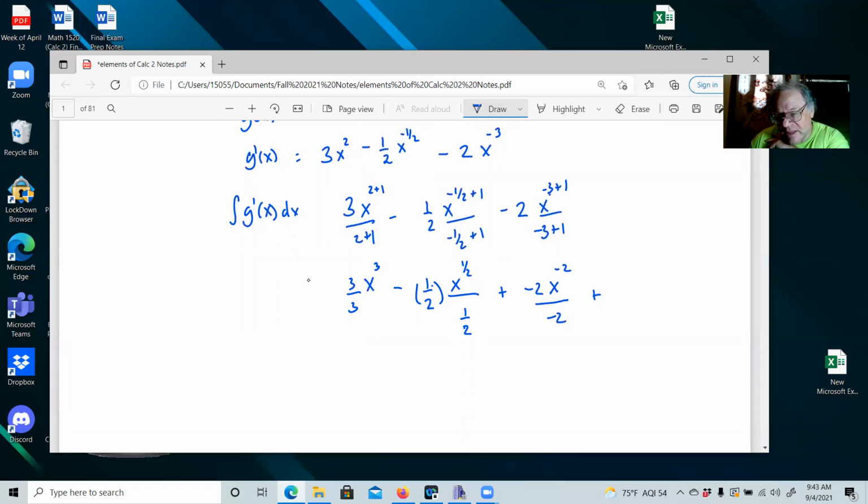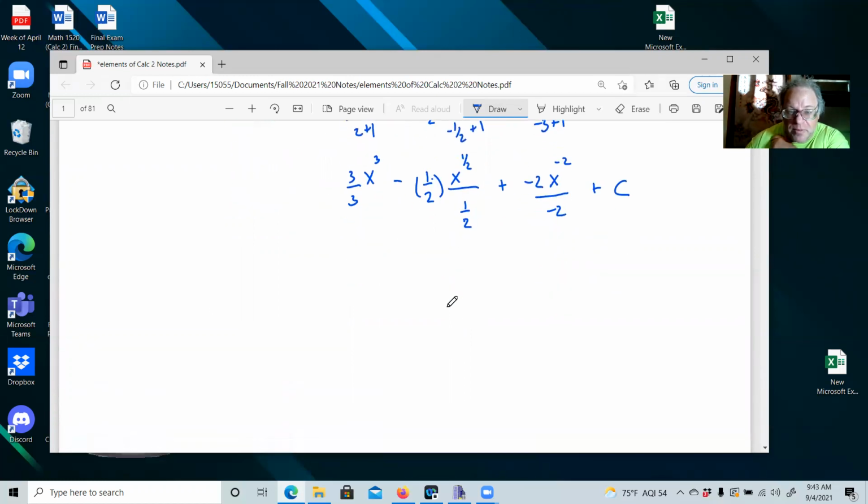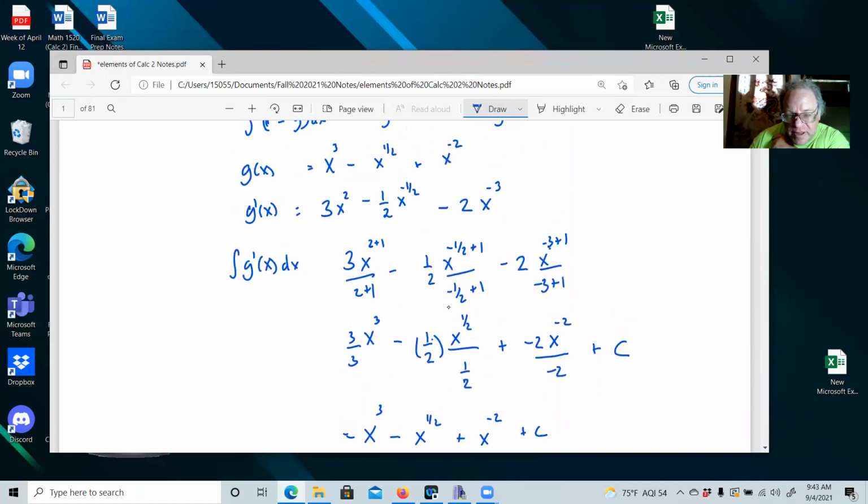And then we know what the original answer was, right? So here we go. I simplify this out. x cubed minus x to the 1/2. The 2's cancel, so we have plus x to the -2 plus C, and the original function here, g of x, pretty much ended up the same. Except that here, 0 is a number, that's fine.